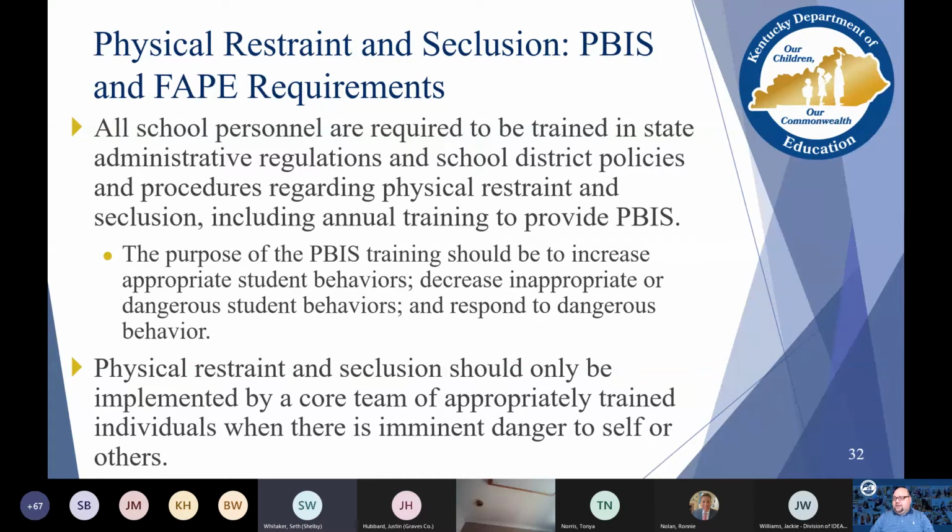The training of PBIS should be to increase appropriate student behaviors and decrease inappropriate behaviors, and physical restraint and seclusion should only be implemented by a core team of appropriately trained individuals where there is imminent danger to self or others.